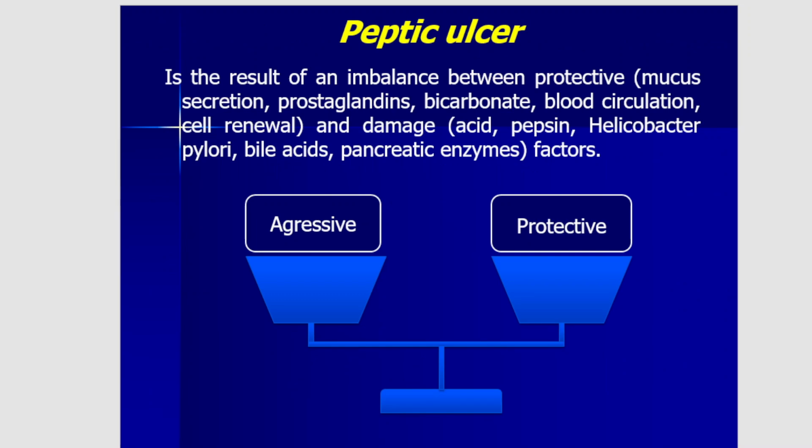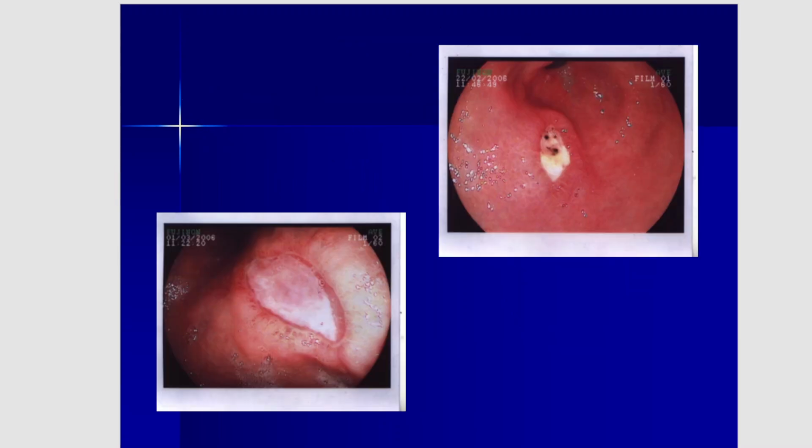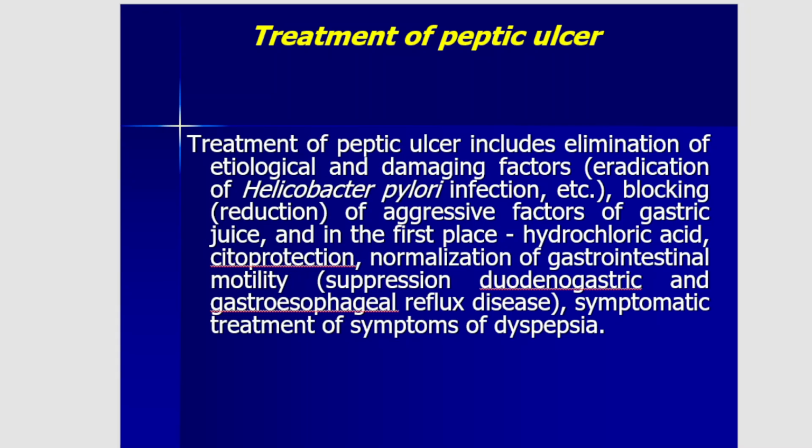Peptic ulcer is a disorder of balance between aggressive and protective factors in the gastric mucosa. Here you see the endoscopic picture of peptic ulcers. Treatment of peptic ulcers includes elimination of etiological and damaging factors, eradication of H. pylori infection, and reduction of aggressive factors of gastric juice.